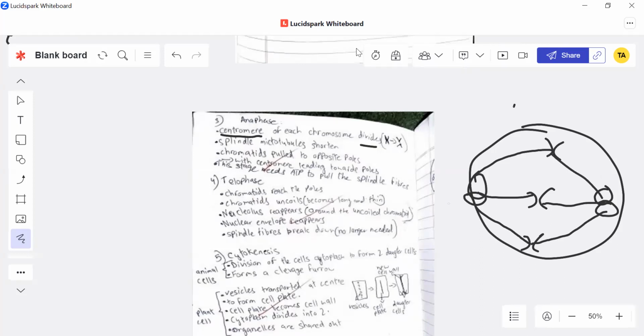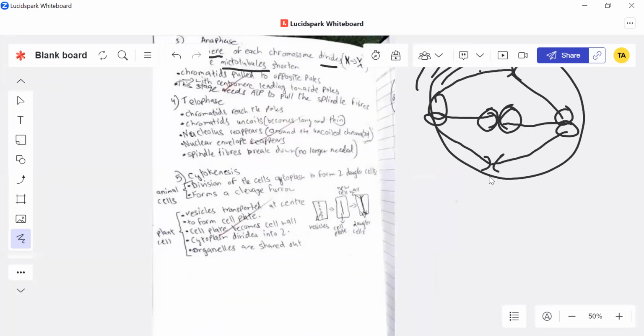What the centrioles do is split the chromatids, and they break the centromere. So the centromere of each chromosome divides, and the spindle microtubules, or spindle fibers, now shorten. This spindle fiber will become shorter and shorter with every stage.